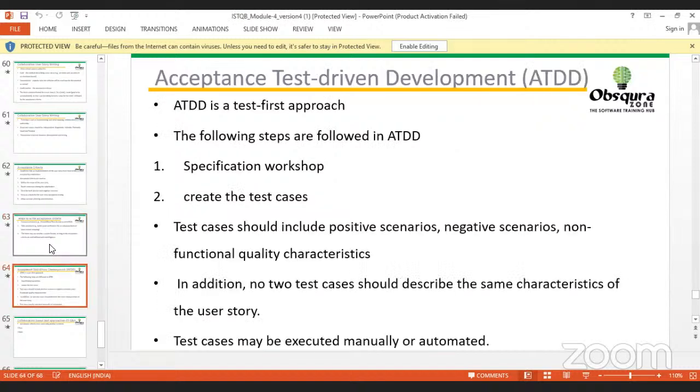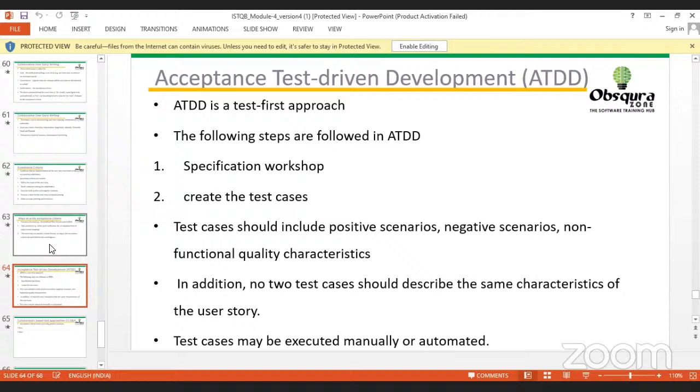Now, acceptance test driven development. Acceptance test driven development is a test first approach, and here we have the following steps. Specification workshop: at the start of each iteration, we organize a workshop to discuss the examples of stories that are planned for that particular iteration, with transfer of the domain knowledge to developers and testers so that everyone has a shared and common understanding.